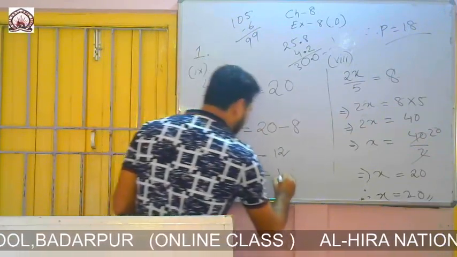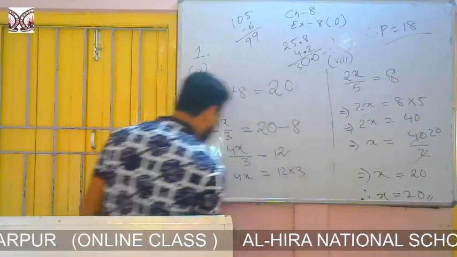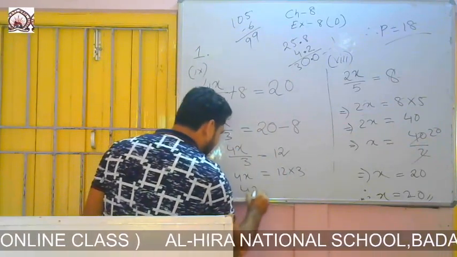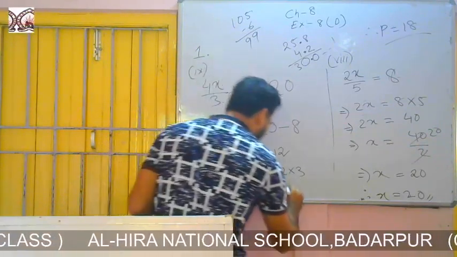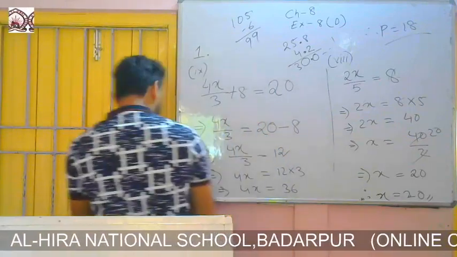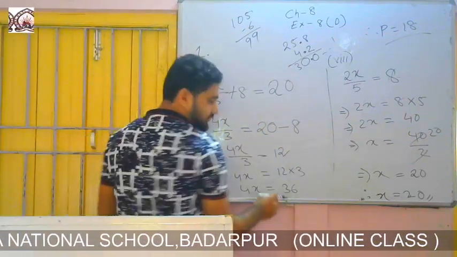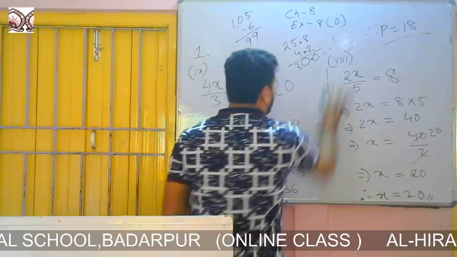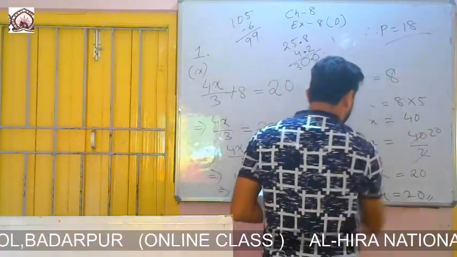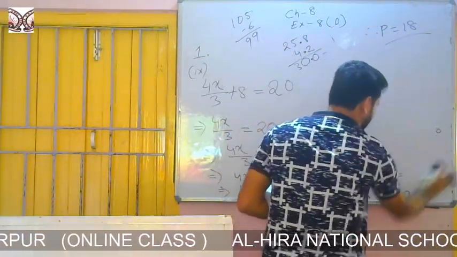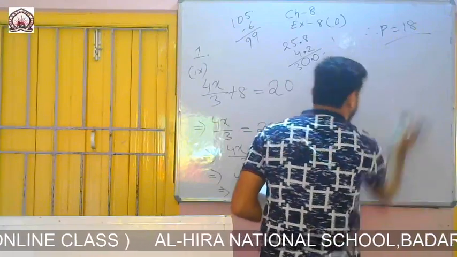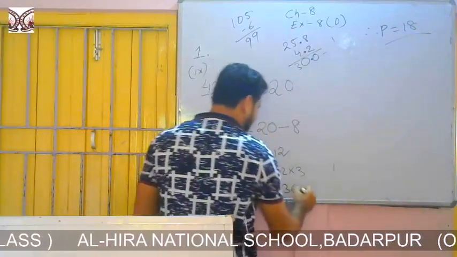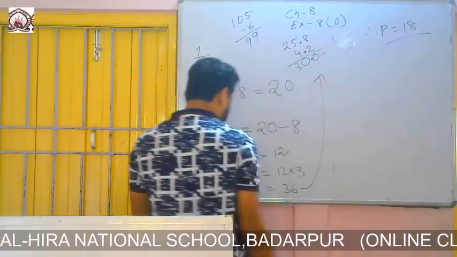Then 4x will be, if I multiply, 12 into 3. Then we can write 4x equals 36.